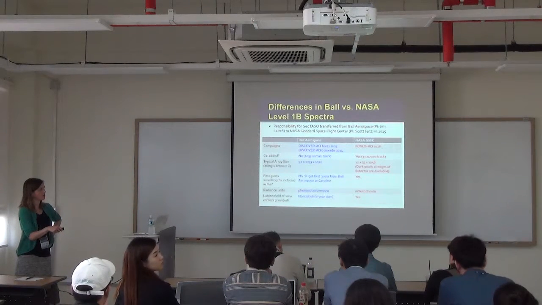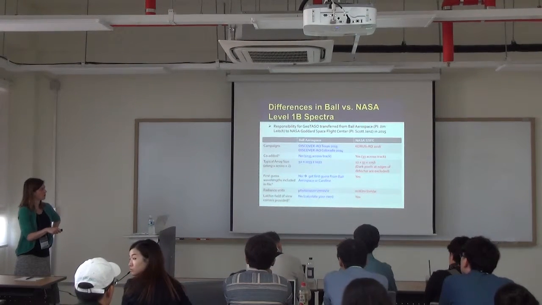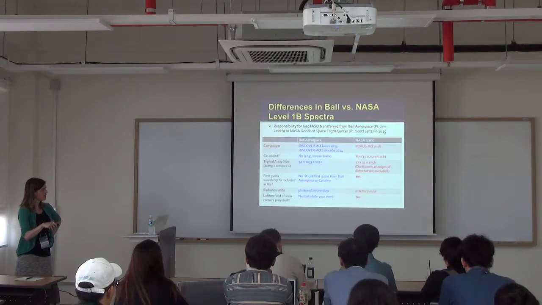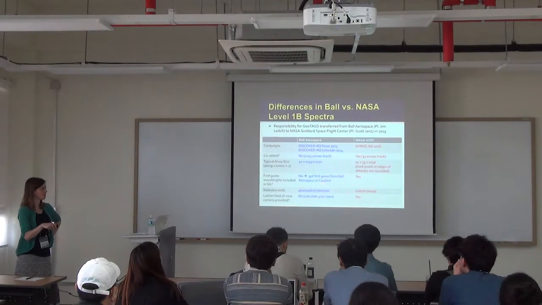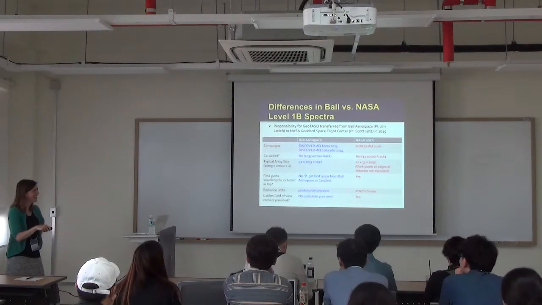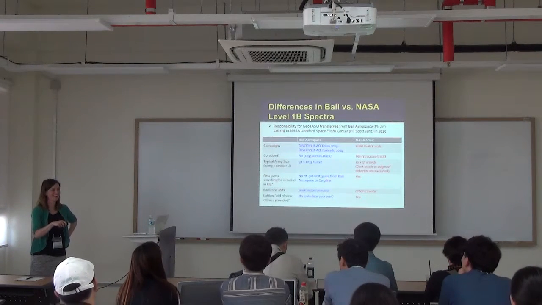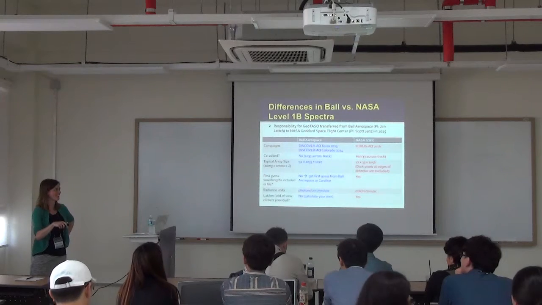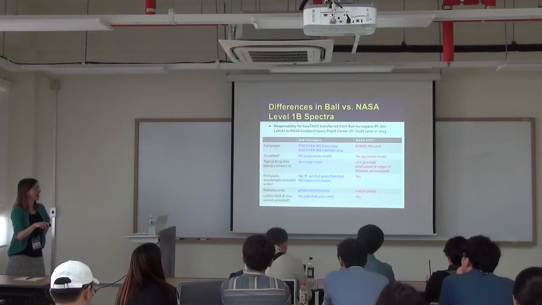They've also cut off the pixels that you can't use at the edges, so those aren't sent to you. The first guess wavelengths are not included in Ball's files. You need to get them from me or from Ball Aerospace. I suggest me. I'm not sure, they have different ones. I suggested something else, and then they changed them, but then not everybody got the message, et cetera, et cetera.